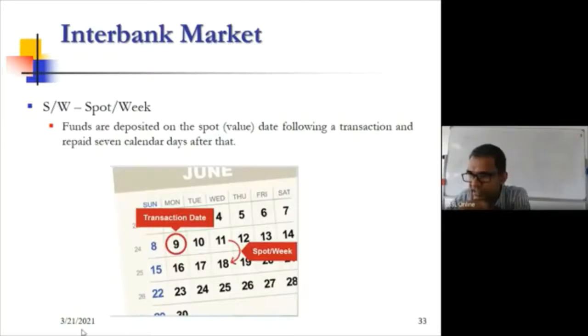So 9th is the transaction date. The first settlement date would be 11th, the spot date, and the maturity falls after 1 week on 18th. That is spot week. Any questions? Those are the very common maturities in the interbank market.